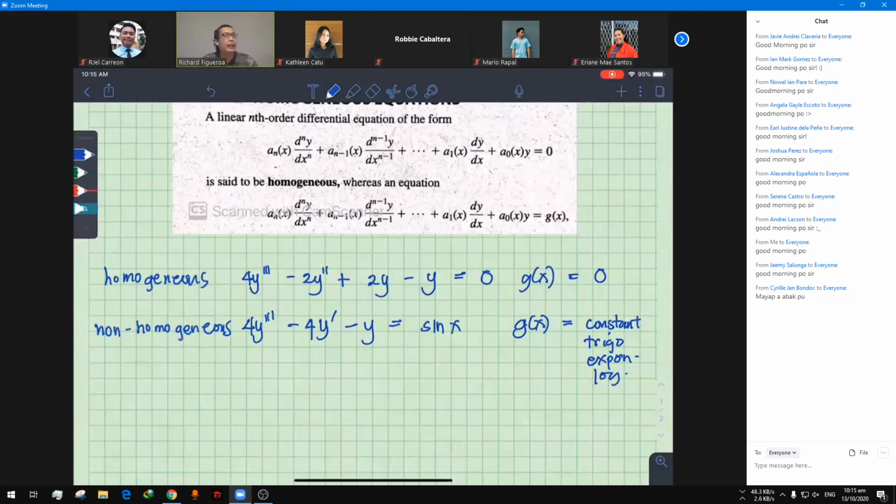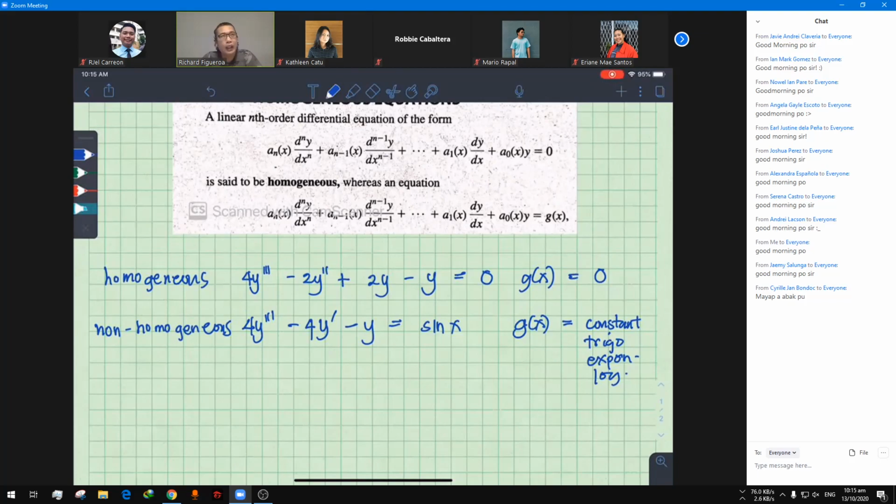So again, in higher order differential equations, the order of the differential equation will correspond to the number of solutions of the differential equation. As we have mentioned before, on a first order differential equation, there is only one solution.